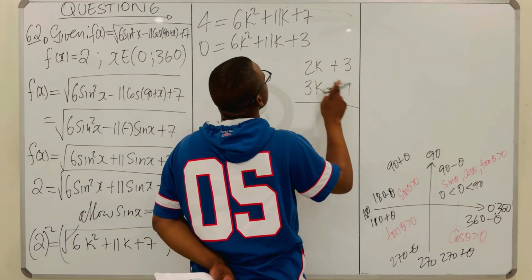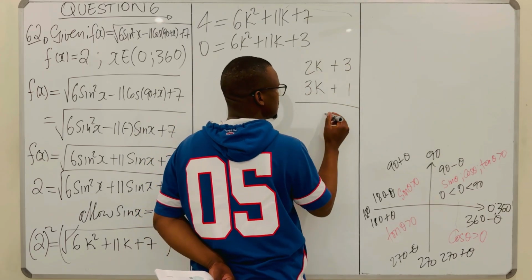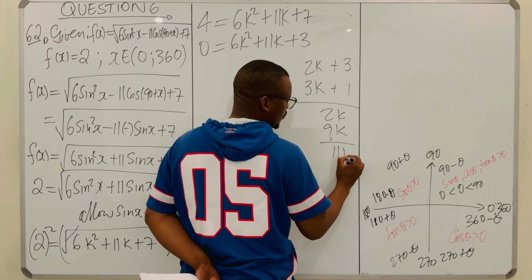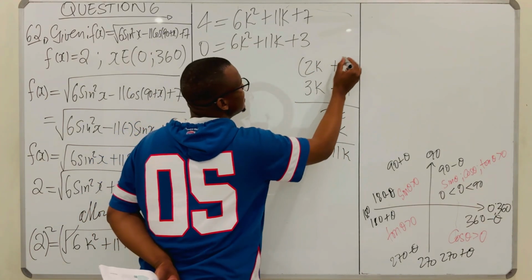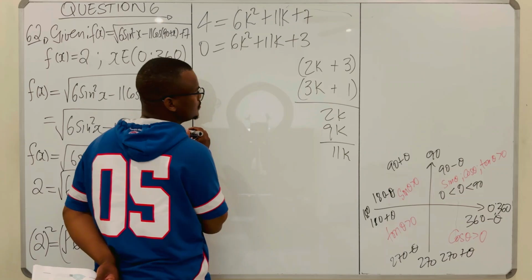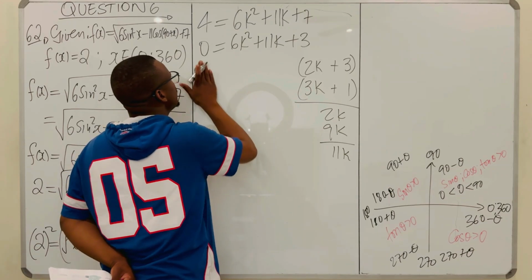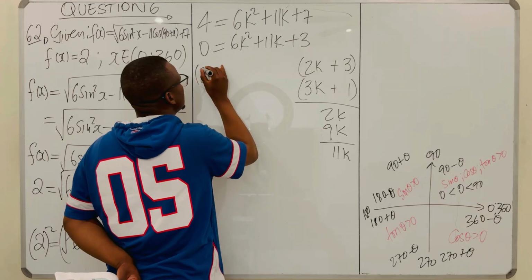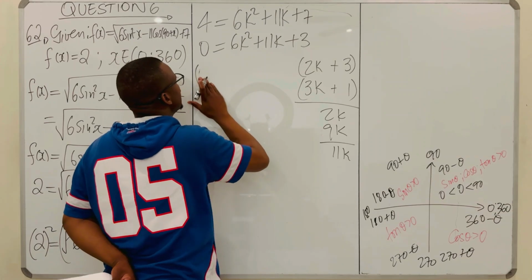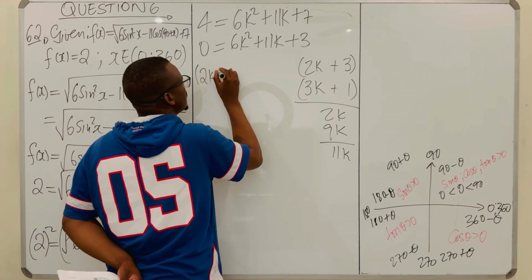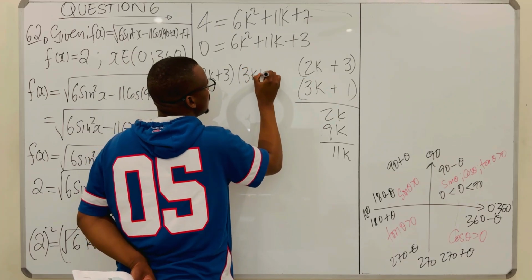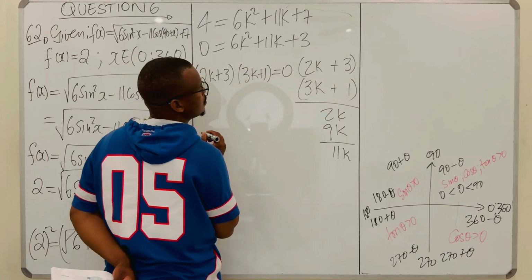This times this is 3. This times this is 2k. This times this is 9k. If you add them, they give you 11k, which is what we have. So these are your factors: 2k plus 3 and 3k plus 1 is equal to 0.